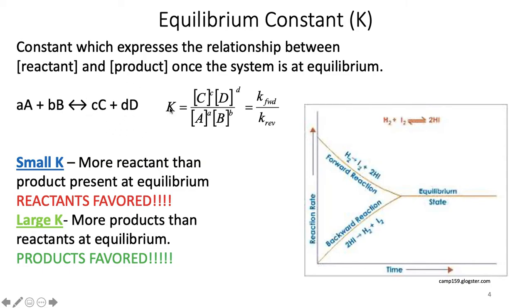You can favor the products, meaning you can have a large K, but it might take days or years for the reaction to reach equilibrium. K, therefore, how big or small it is, doesn't tell us anything about how fast the reaction occurs. It just tells us that the reactants or the products are favored over each other.